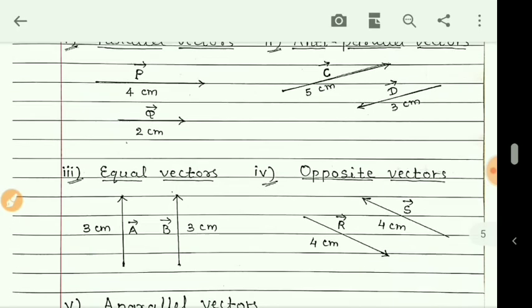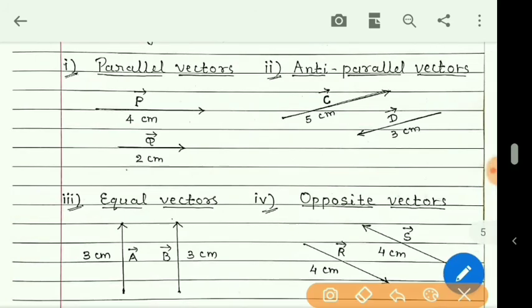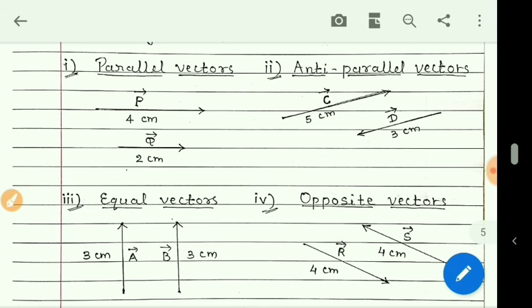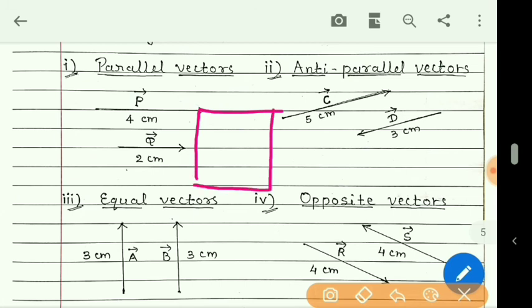Students, you can see here, if you compare parallel vectors and equal vectors, then we can say that equal vectors are always parallel. Equal vectors, they are always parallel. But parallel vectors may or may not be equal. You have studied about a square and a rhombus in lower standards.